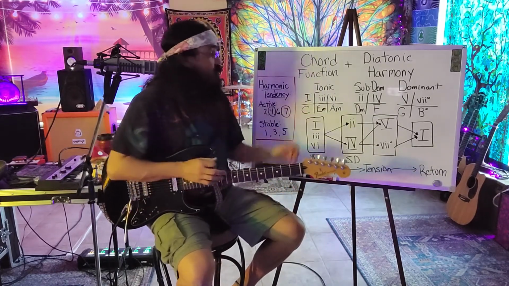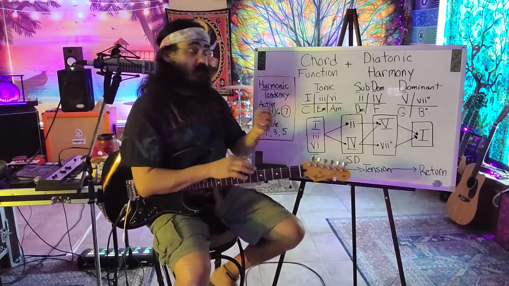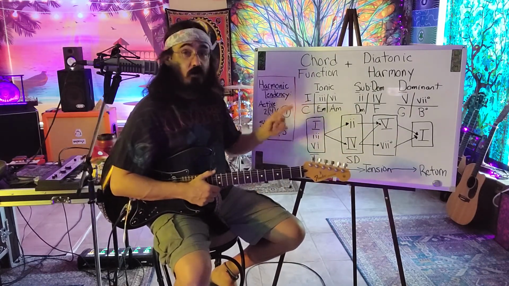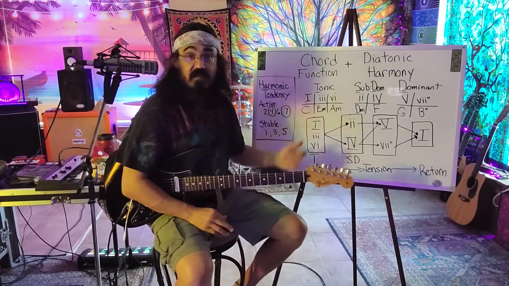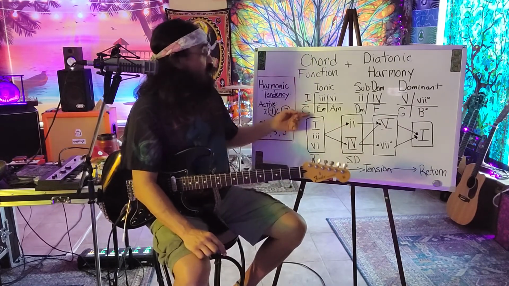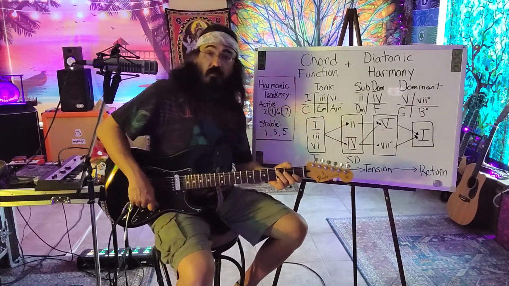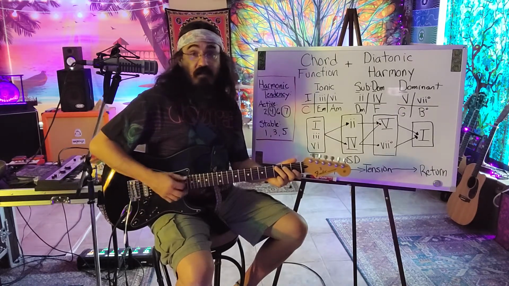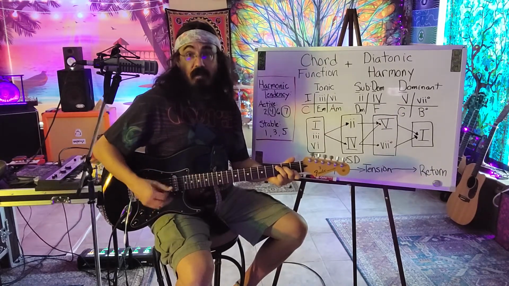The tonic family consists of 3 chords. You have your 1 chord, and we're using C still as the example, which is C major. The key takes its name after that note and that chord, C major.